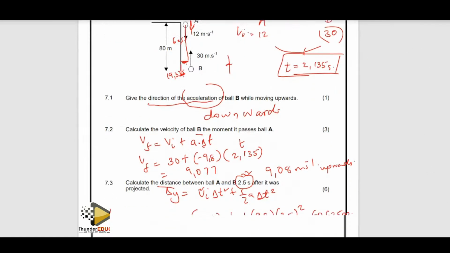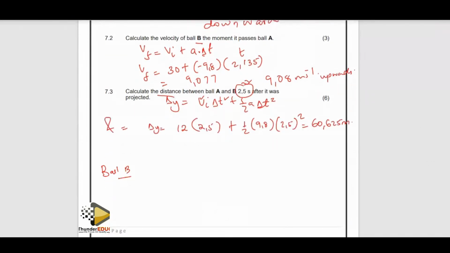Okay, now I'll visit that again. Let me look at B. When I look at B and use the same kind of approach, it's gonna be my 30 times 2.5 plus a half times negative 9.8 times 2.5 squared.